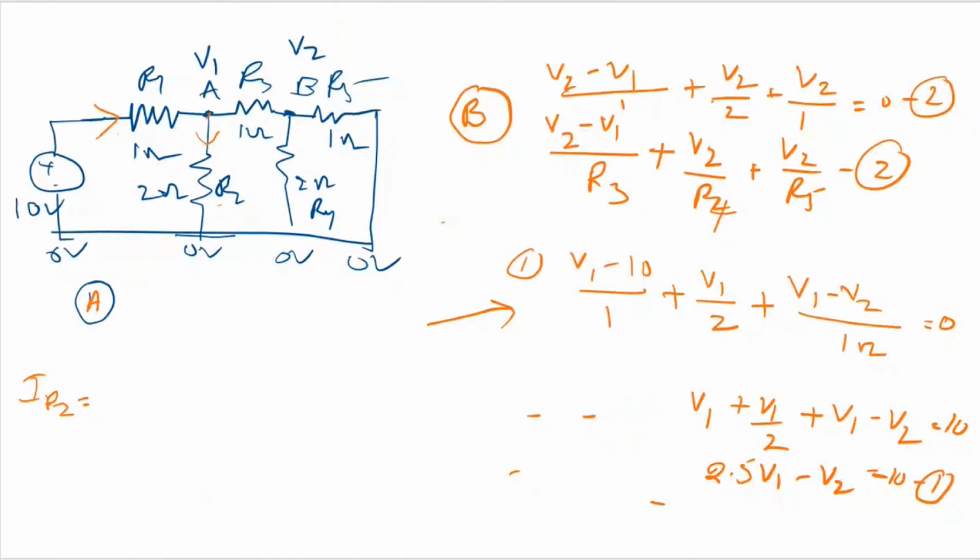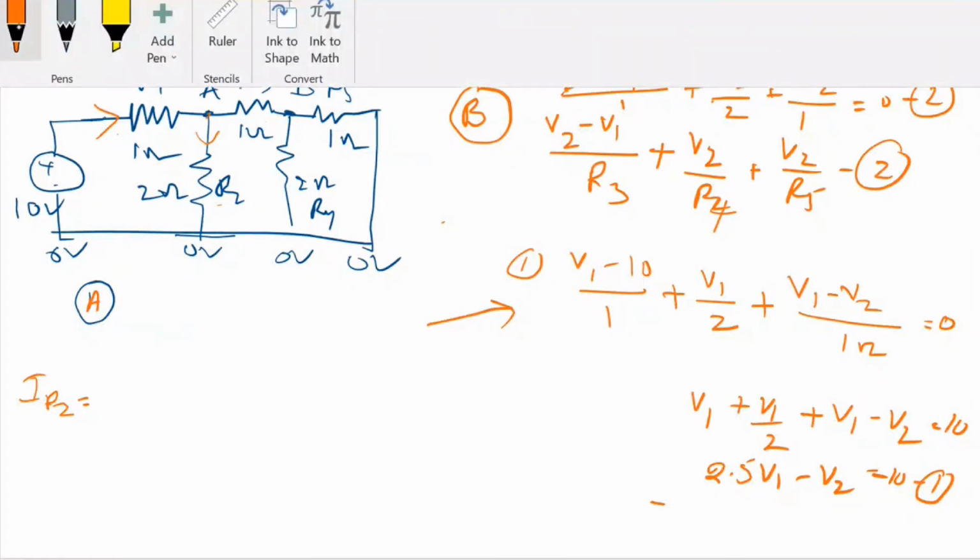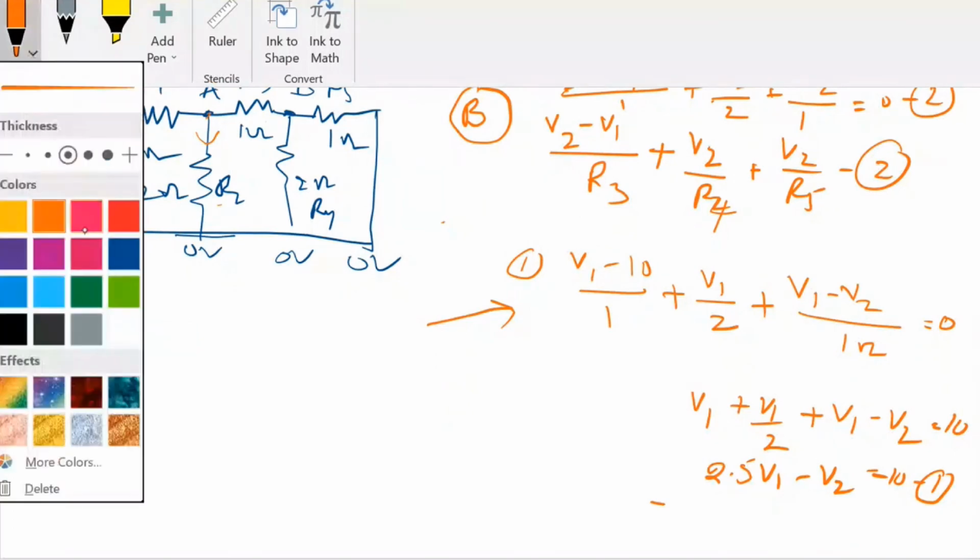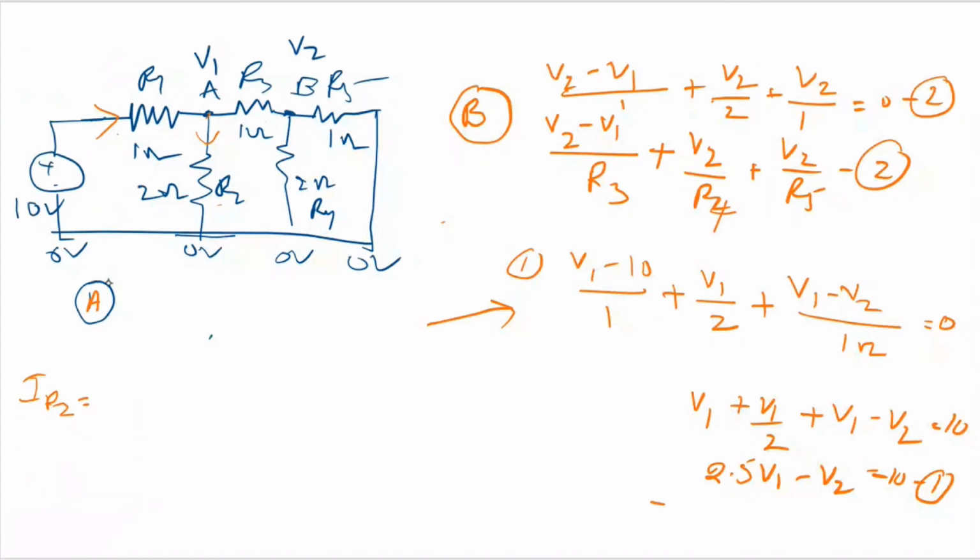IR2 is the potential difference across R2 divided by the resistance value. The potential difference is V1 minus 0 divided by R2. So what is V1? 3.25 minus 0 divided by 2. This is the current IR2.